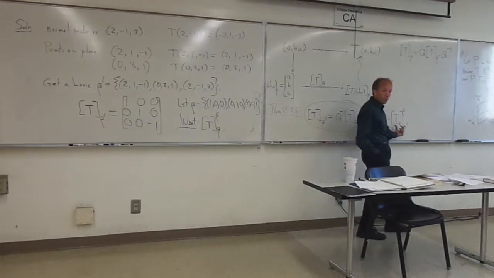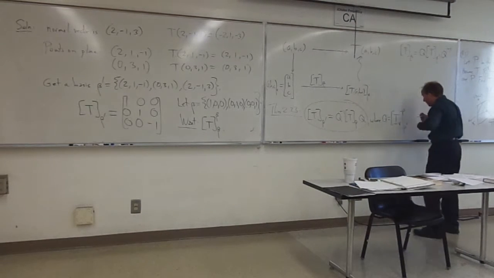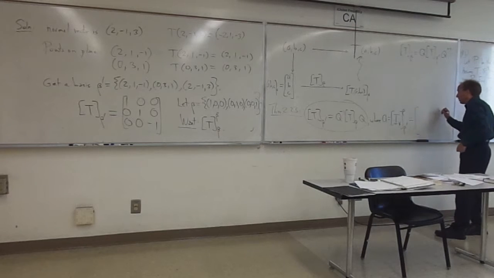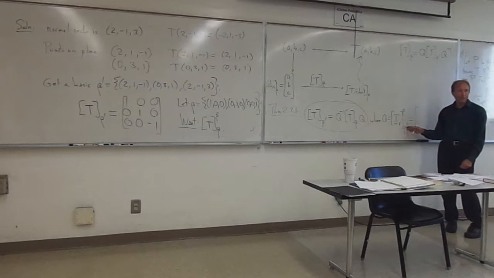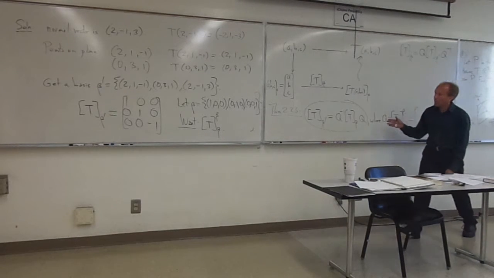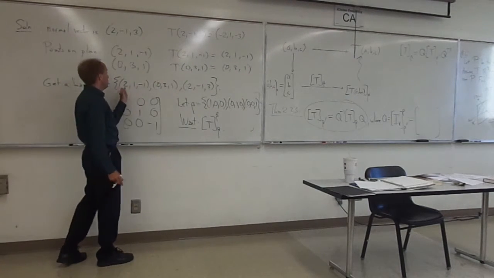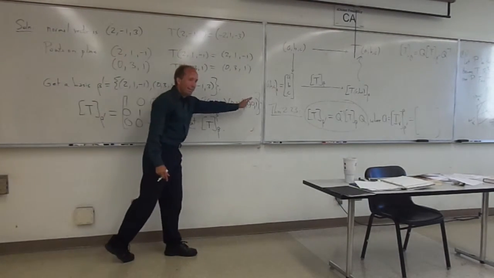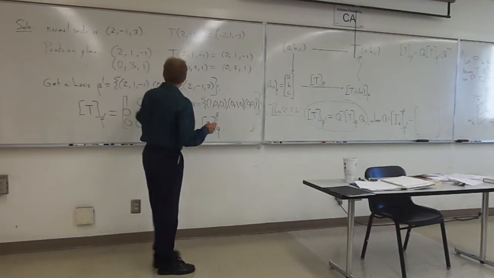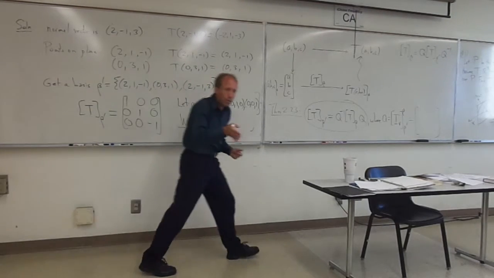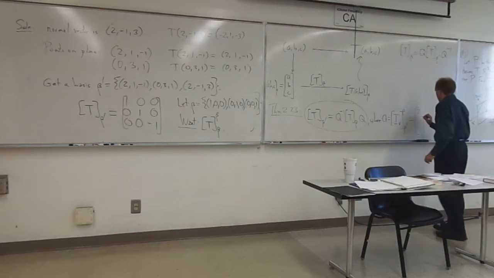So this Q is an easy one to find. We take the beta prime basis, we do nothing to it, and then we write the result in terms of beta. So I take beta prime, the first vector, I do nothing to it, 2, 1, negative 1, I write it in terms of beta, and I'm going to get 2, 1, negative 1.